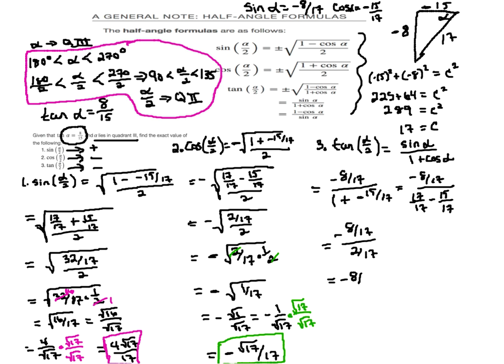I multiply by the reciprocal, negative 8/17 times the reciprocal 17/2. My 17s divide out, and I end up with negative 4. And negative is correct because tangent is negative in the second quadrant.